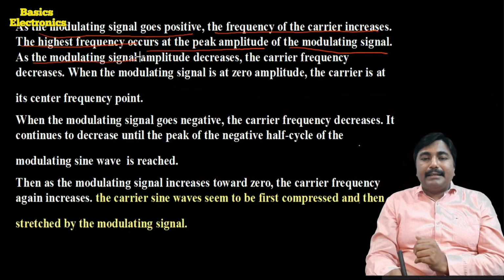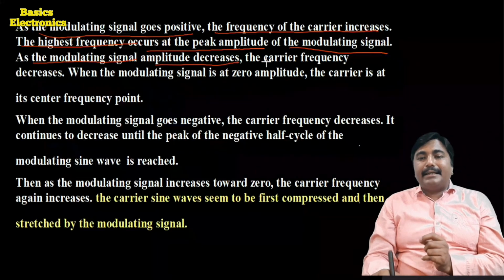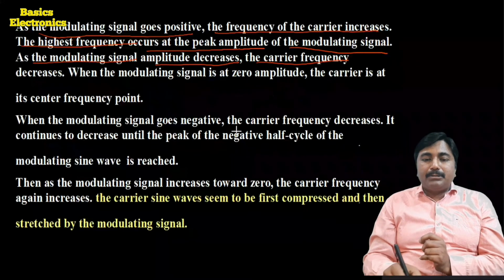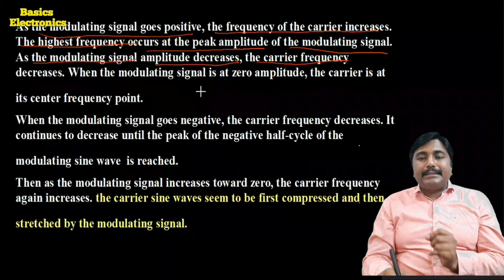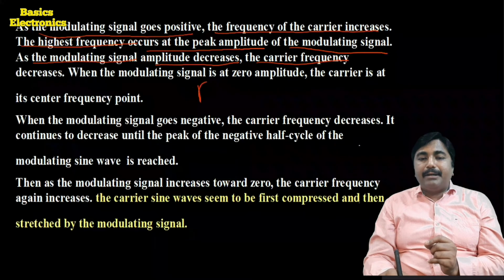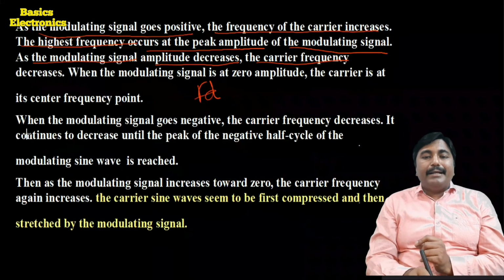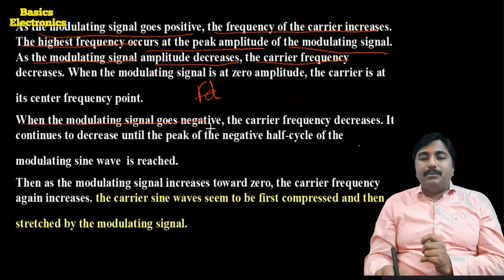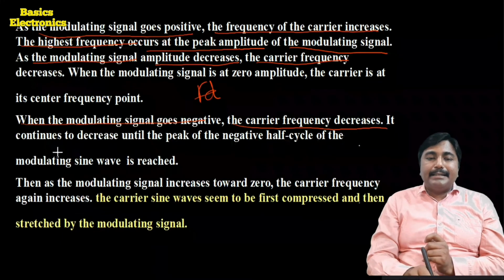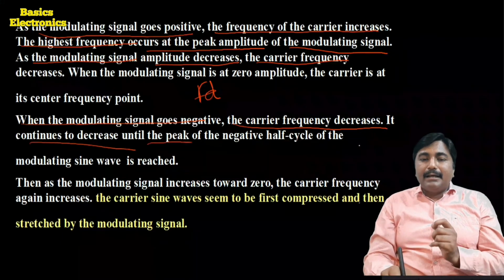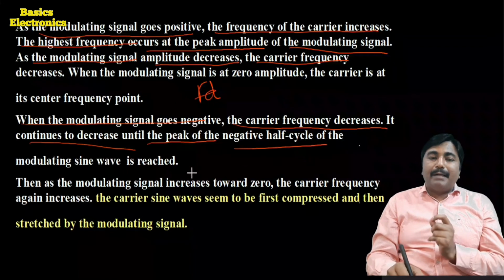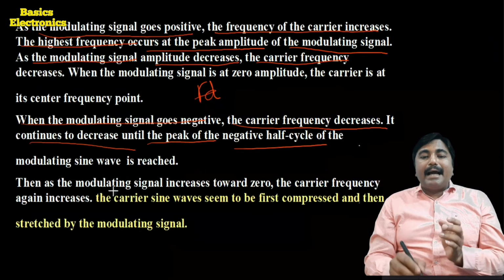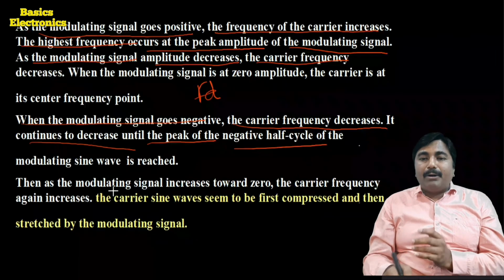As the modulating signal amplitude decreases, the carrier frequency also starts decreasing, and this we call the frequency deviation. When the modulating signal goes negative, the carrier frequency decreases and continues to decrease up to the peak value of the negative half cycle, means minus Vp. The carrier signal means the complete modulated signal.